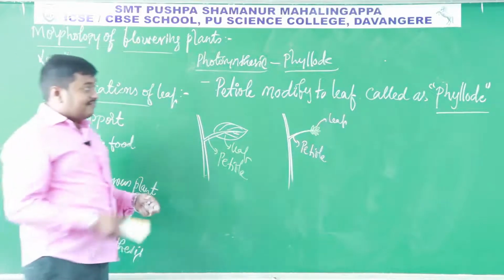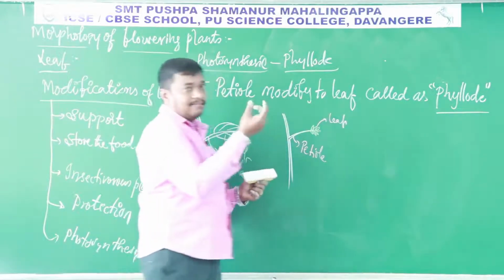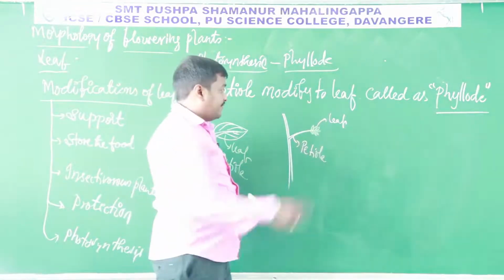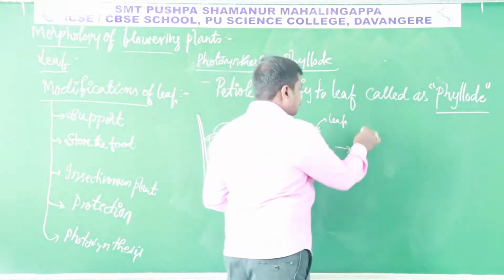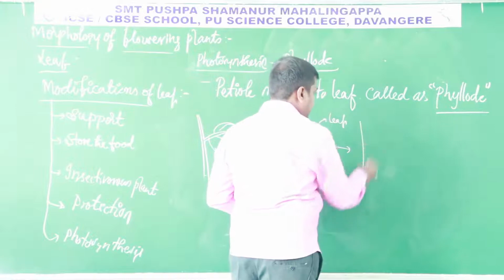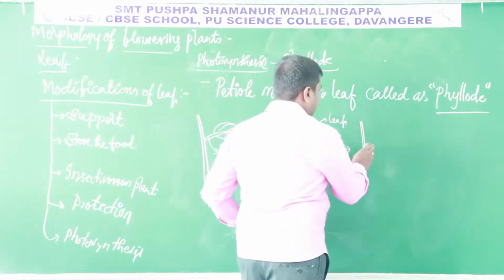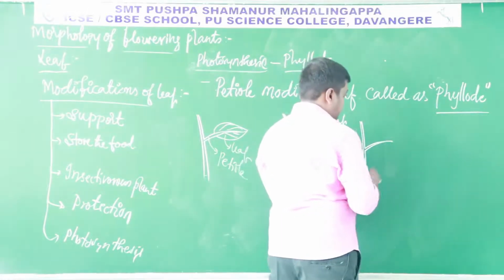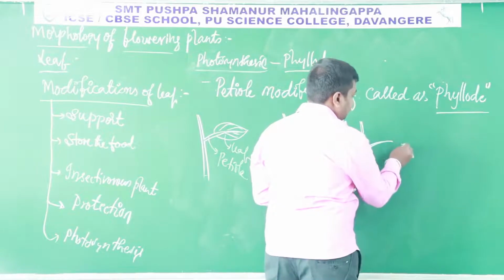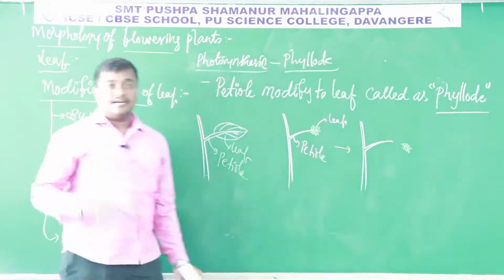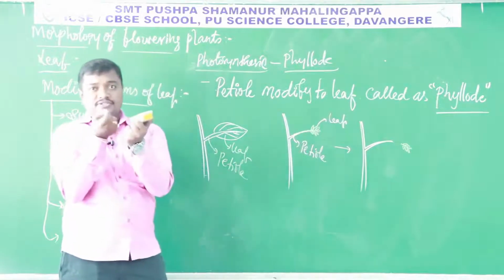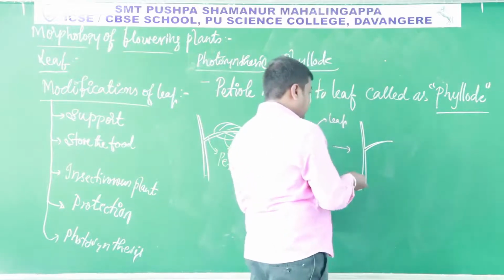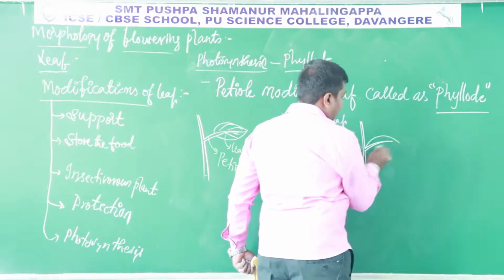When it becomes a tree, at the tip the meristematic part differentiates, and at that time this leaf falls off, at a very early stage of development, before the leaf-like structure develops. Okay, that petiole is modified to leaf.